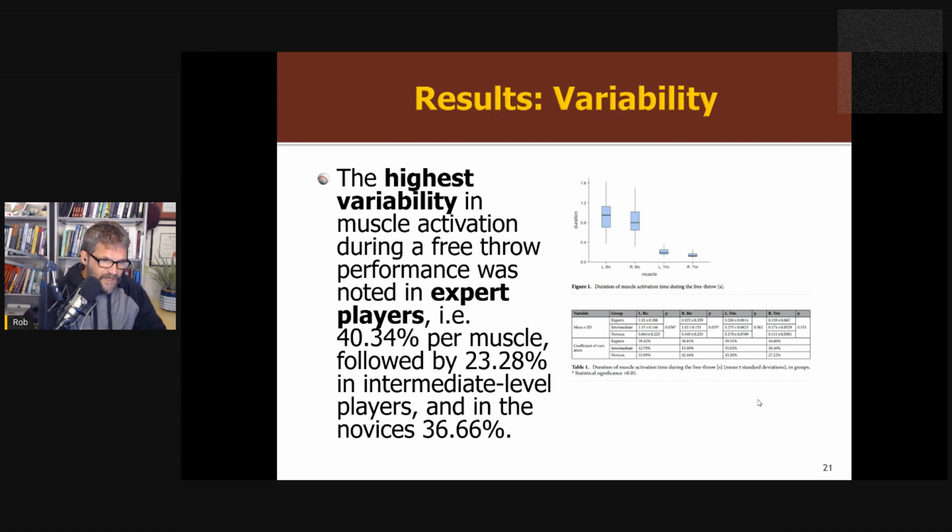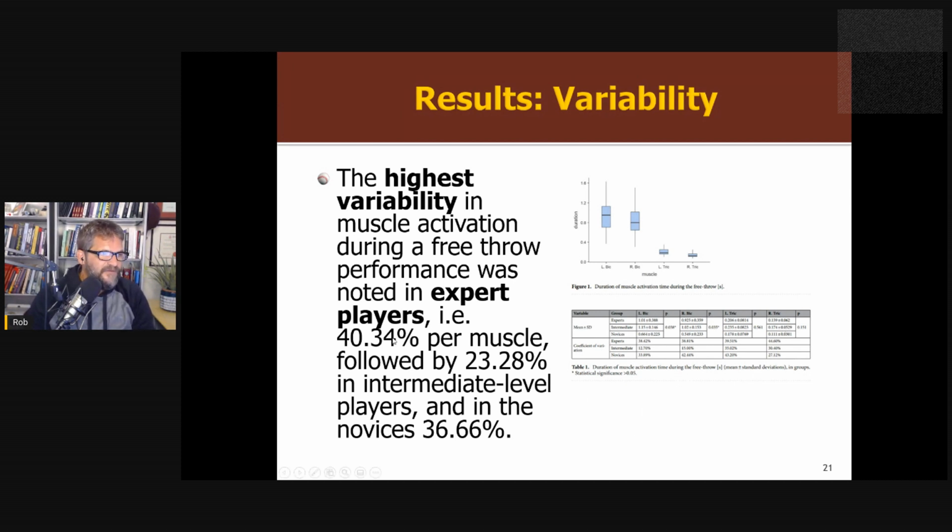If variability is noise, if the key to successful free throw shooting is being able to produce a repeatable movement, the exact same movement every time, then as you go up in skill level, you should see variability go down. If the key to being a good free throw shooter is doing the exact same movement every time, then we should not see this pattern at all. So it seems to be inconsistent.